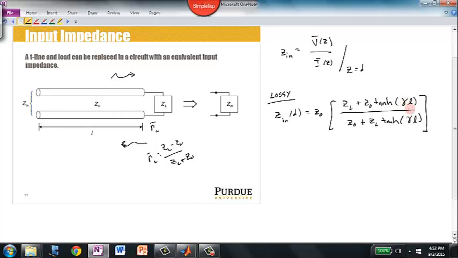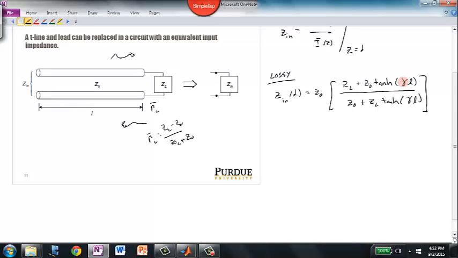Gamma is the complex propagation constant.